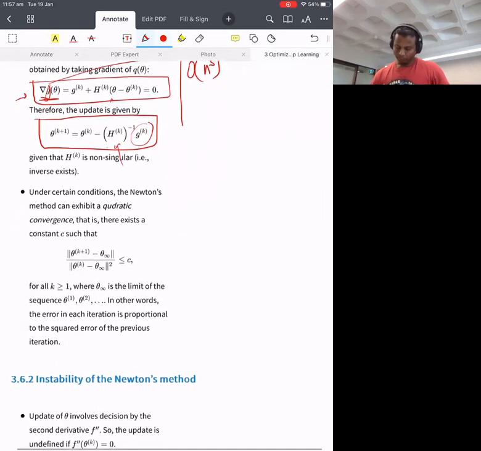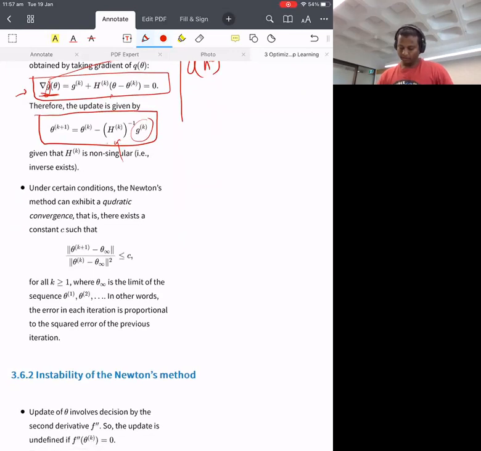And so we can actually show that it has a quadratic convergence. Quadratic convergence essentially means this: if theta infinity is a converging point, then at each iteration you at least scale down by the square.